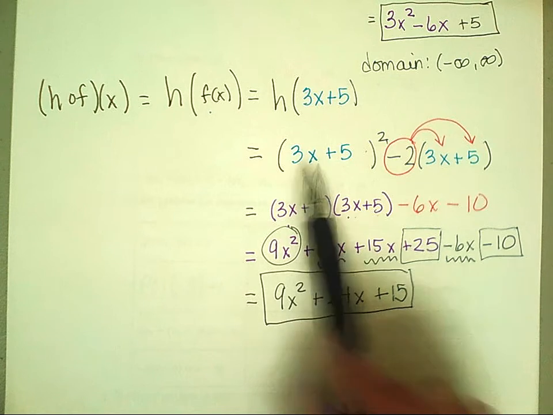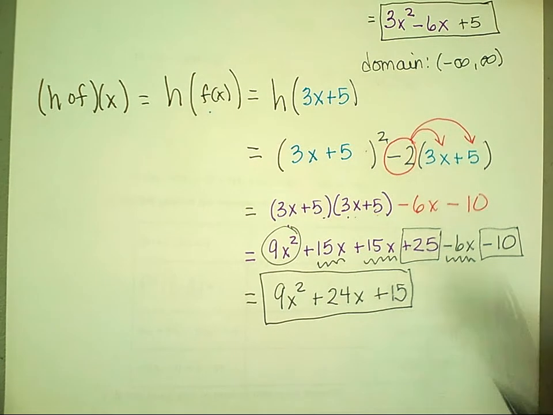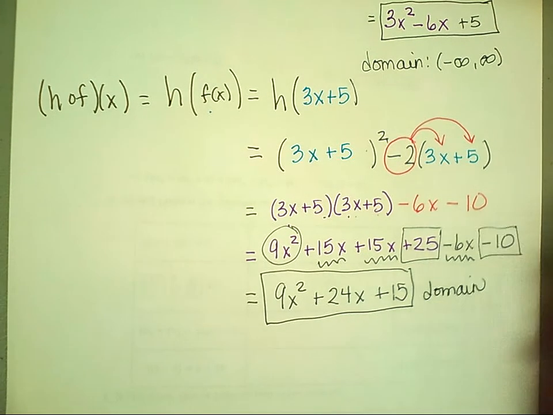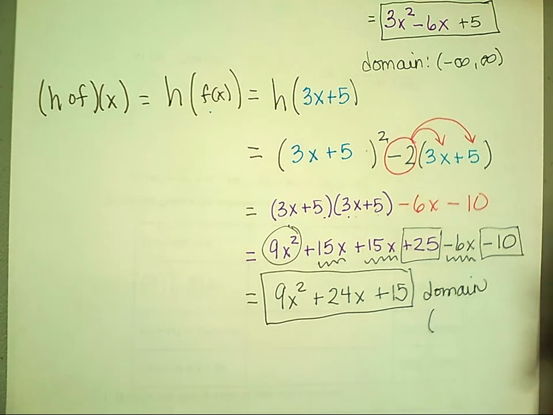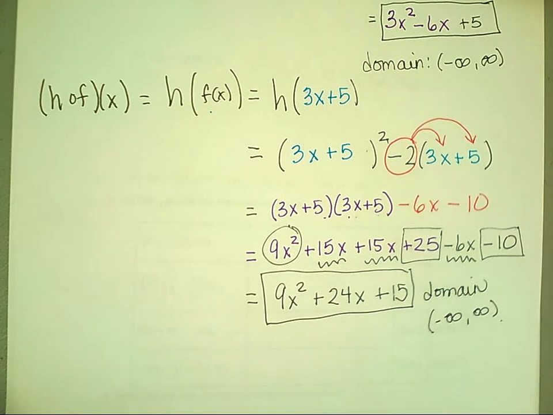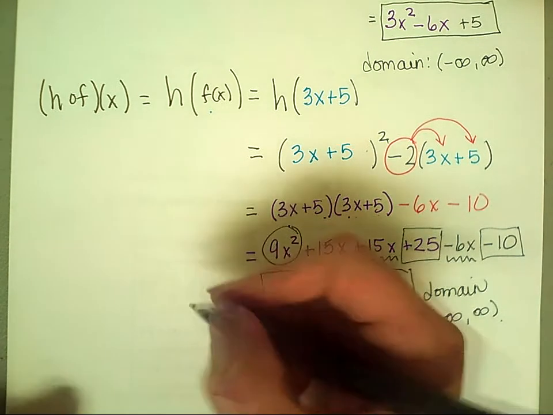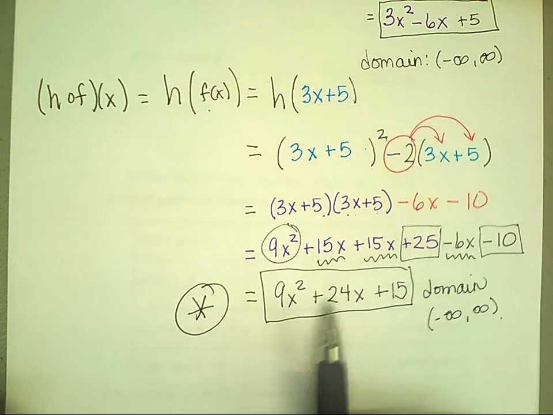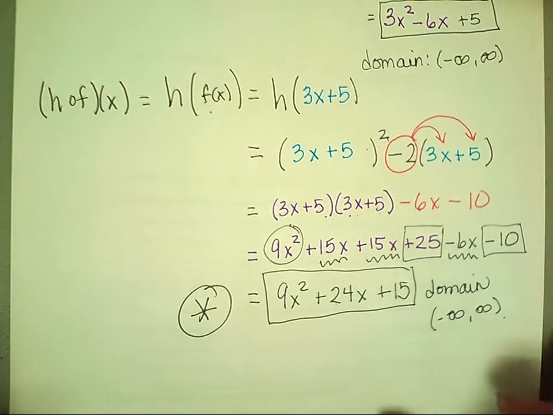What we put in was a polynomial and has no domain restrictions. When we finish, this is a polynomial and has no domain restrictions. So the domain of our composed function is negative infinity to infinity. And let's put a star by this because we're going to come back to this result in just a moment.